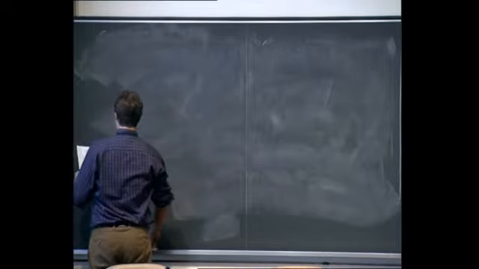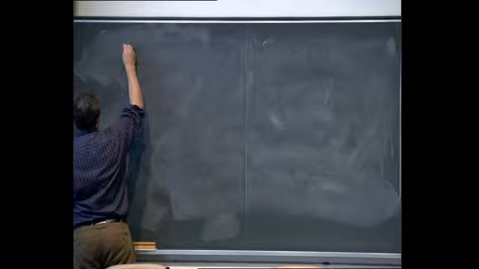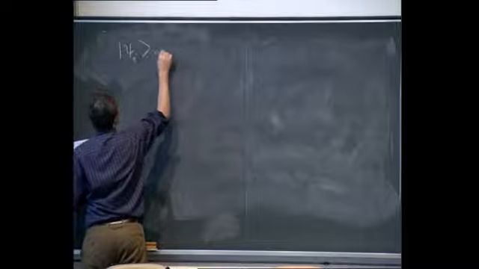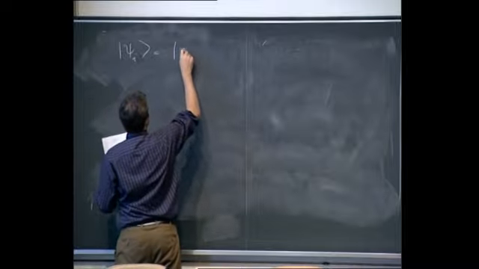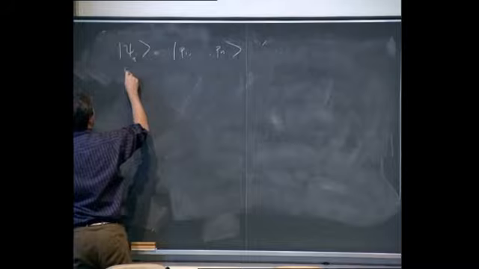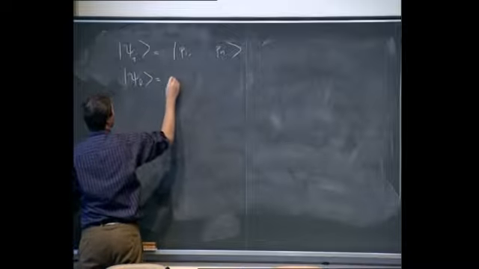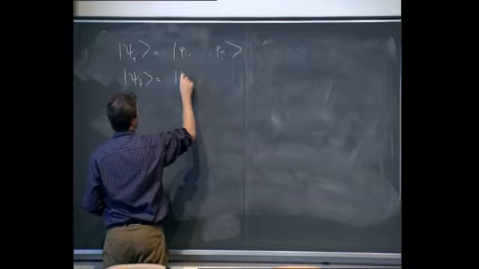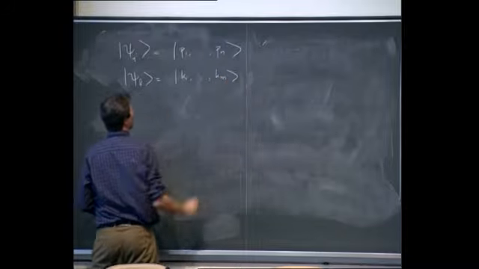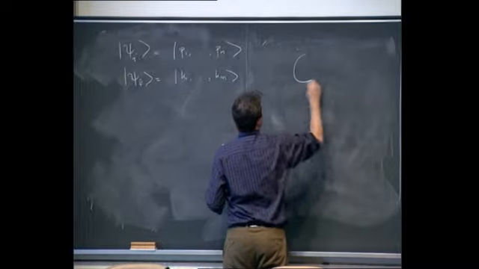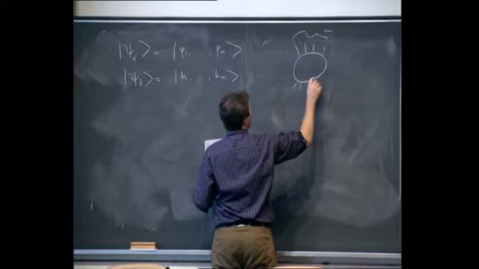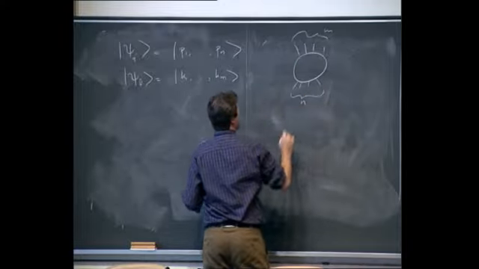So if I have a certain initial state, psi initial, which is an n particle state with momentum p1 up to pn, and I have a final state which has a different number of particles with momentum, say, k1 up to km. So this is a process where we have m particles going out and n particles going in.